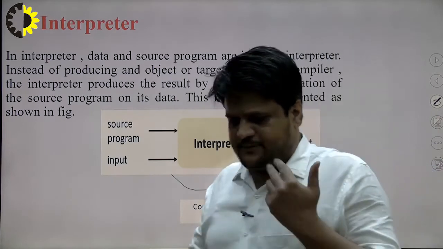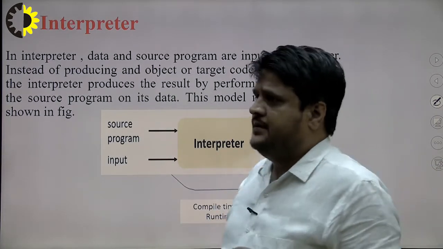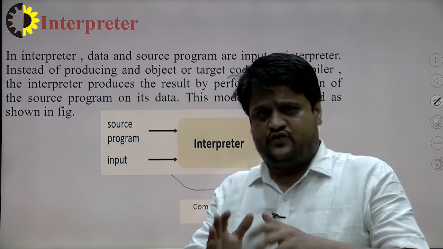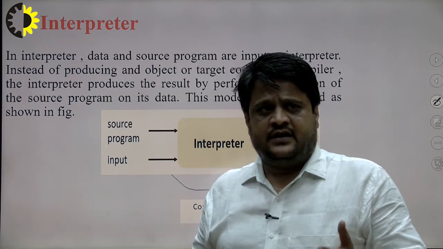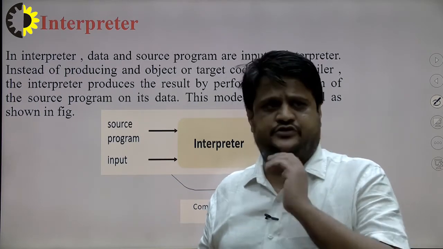Now there is the possibility of another translator called the interpreter. Basically, an interpreter is a processor, or you can say a translator, in which data and source program are input.